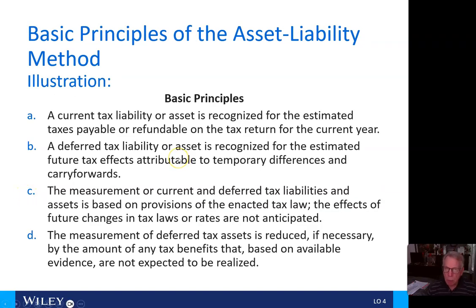The basic principles of the asset liability method are illustrated as follows. Here are our basic principles. Alpha, a current tax liability or asset is recognized for the estimated taxes payable or refundable on the tax return for the current year. Bravo, a deferred tax liability or asset is recognized for the estimated future tax effects attributable to temporary differences and carry forwards.